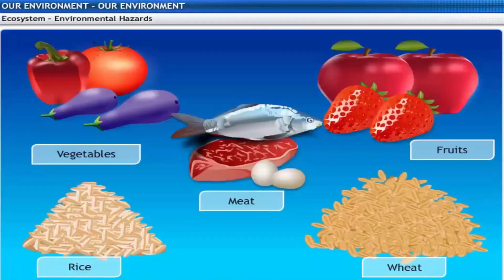This is why food grains such as wheat and rice, vegetables and fruits, and even meat contain varying amounts of pesticide residues. These residues cannot always be removed by washing or by other means.